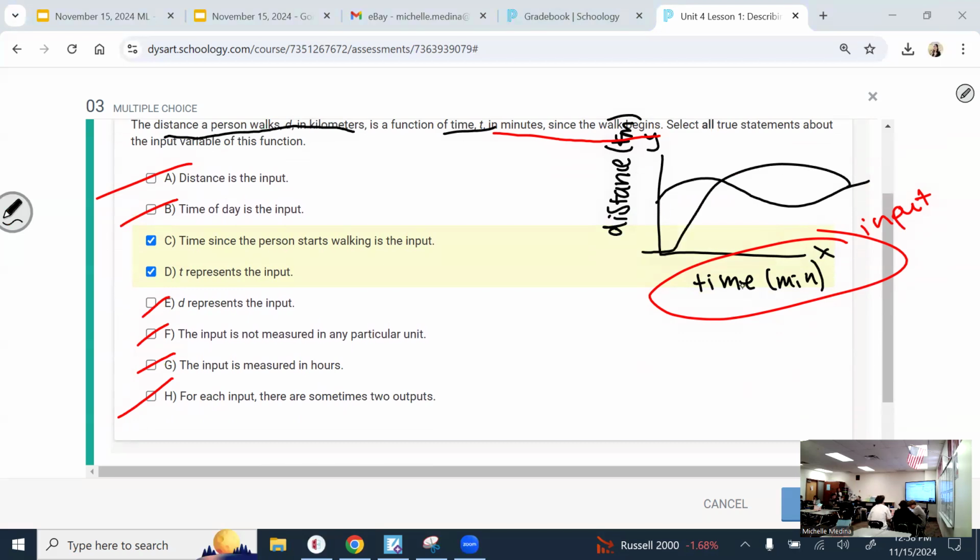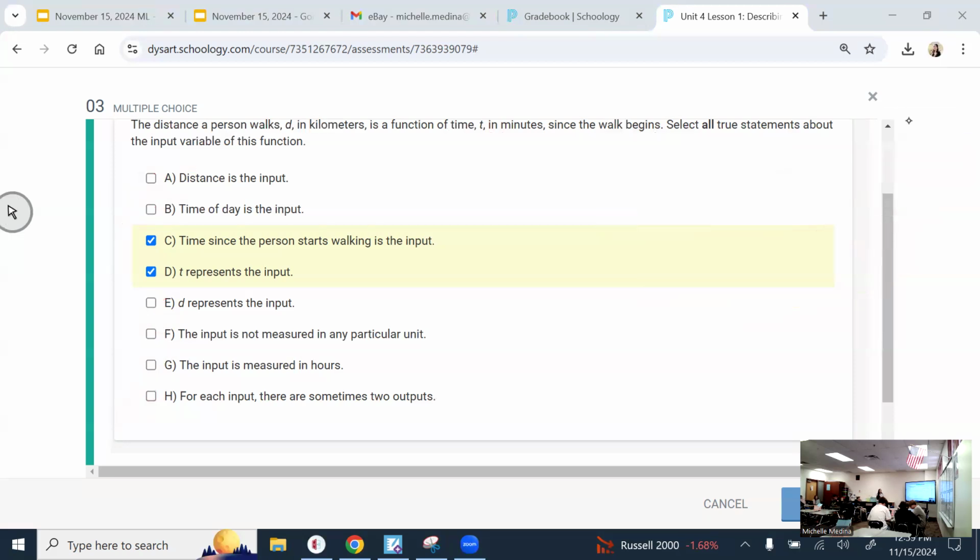Like that would never happen. Like you only have one distance at a time. Good on that one? All right, any questions on others? Anything else? Awesome.